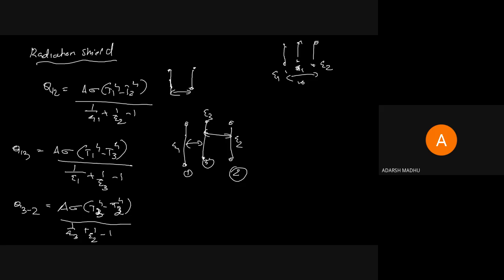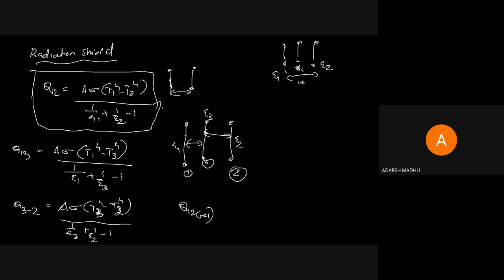Okay, there are two equations related to this. So we can write the Q1 to 2 net equation if there is a radiation shield between them. If there is no radiation shield between them, we know our net equation is this one.